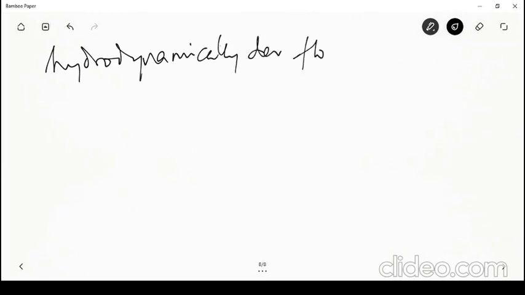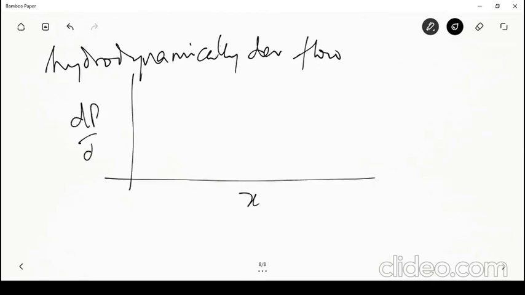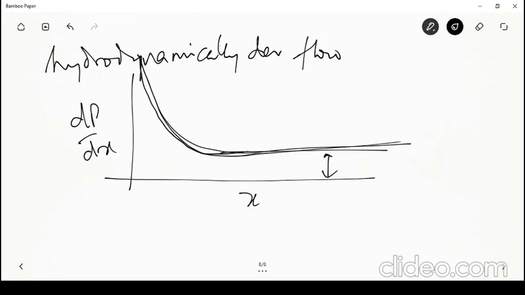In the same way, we can also say for the hydrodynamically developing flow, we said that with x, the dp by dx becomes a constant. So at the inlet, the dp by dx is going to be much higher, so the dp by dx also varies in this fashion, and this dp by dx will eventually go to a constant which is going to be equal to Cf times area by perimeter.